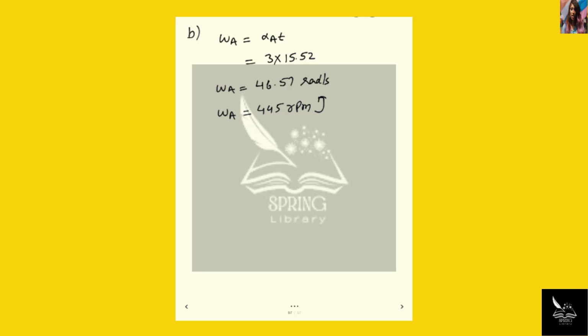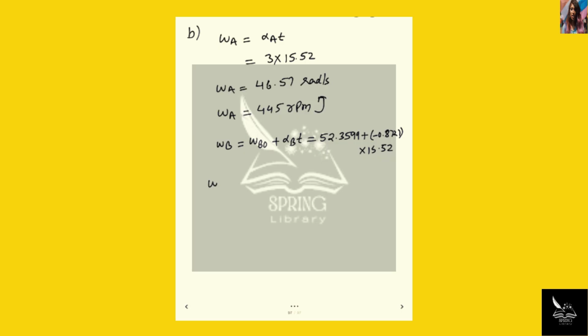Similarly, omega B will be equal to omega B naught plus alpha B multiplied by t. Substituting the values, omega B naught is 52.3599 plus alpha B, which is minus 0.8727, multiplied by 15.52.